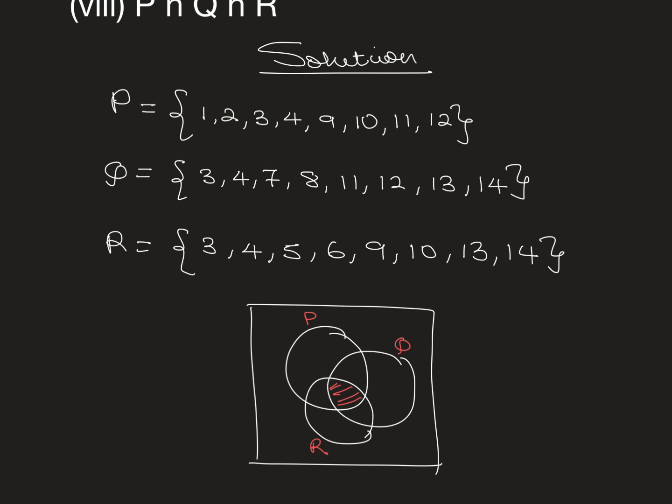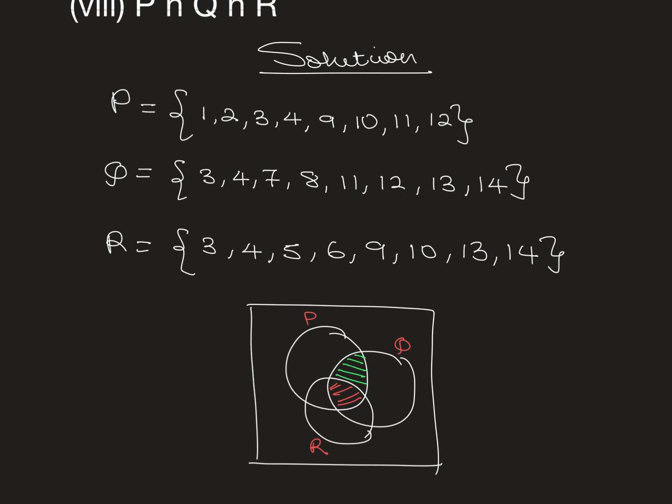So for the point of overlap between P and Q only, it is here. That will be members that are found in both P and Q only. And if you look at that, we have 11 and 12.